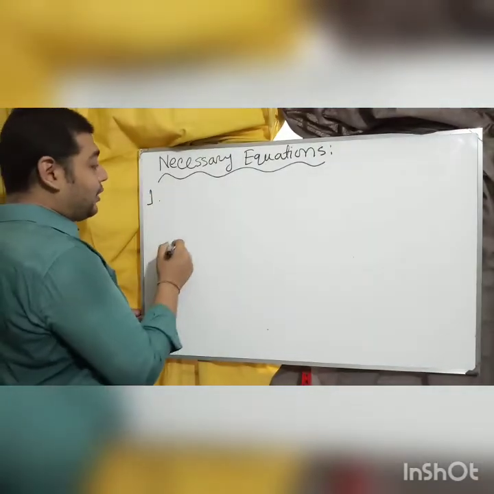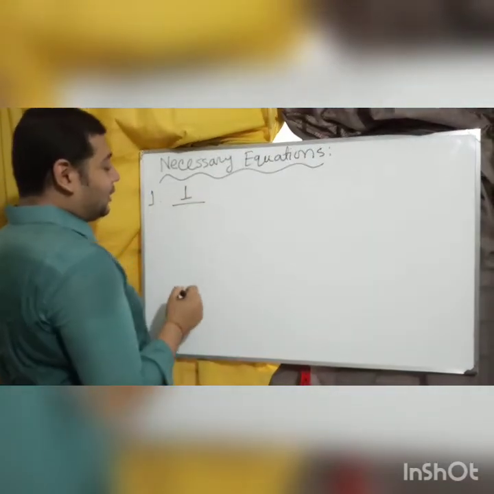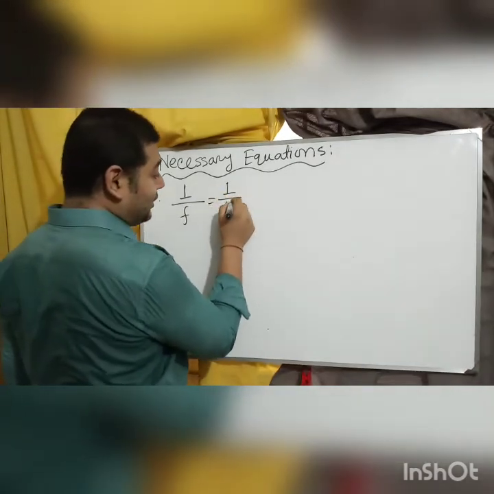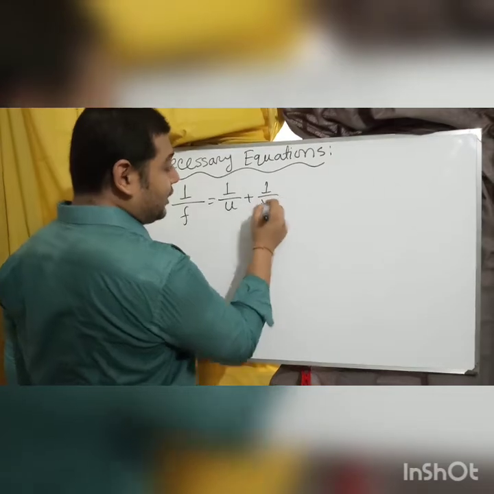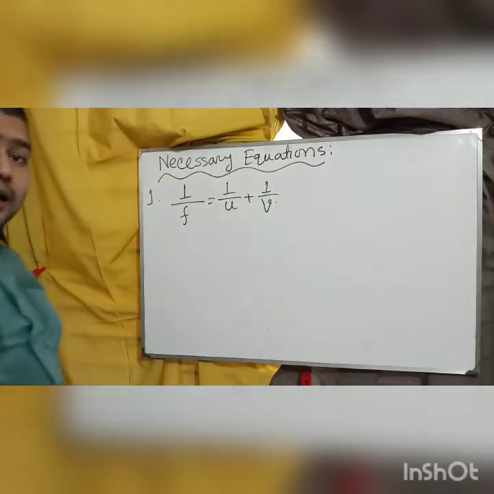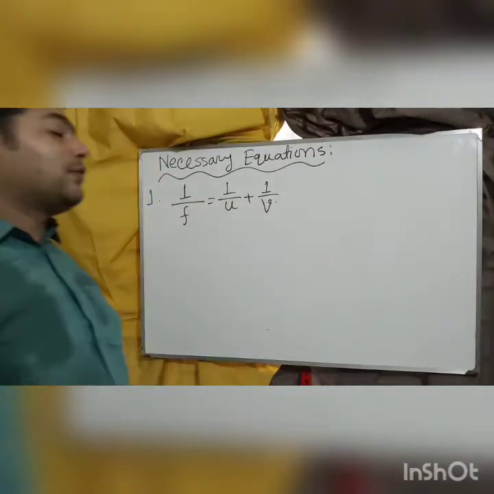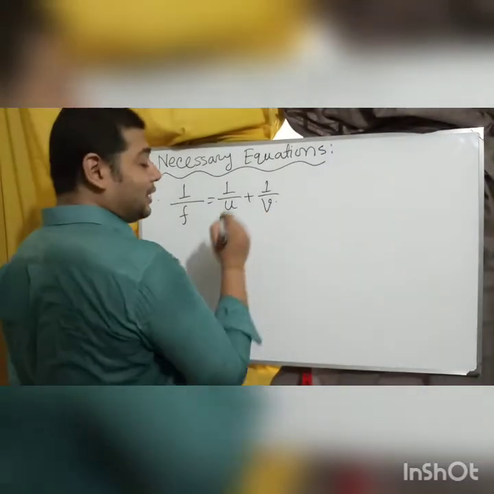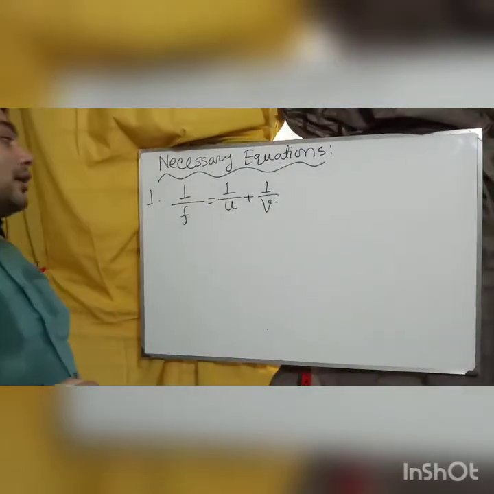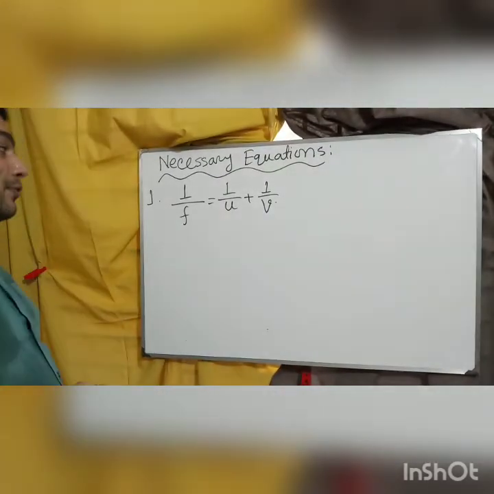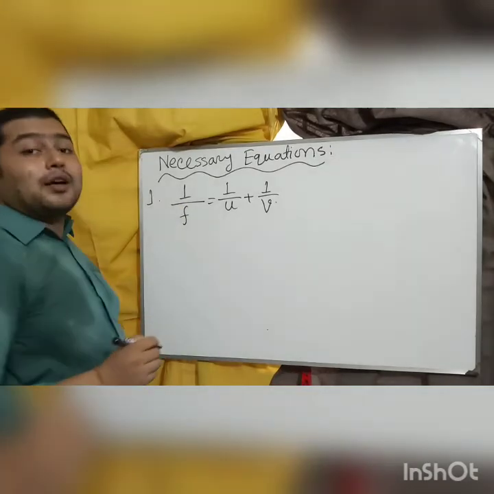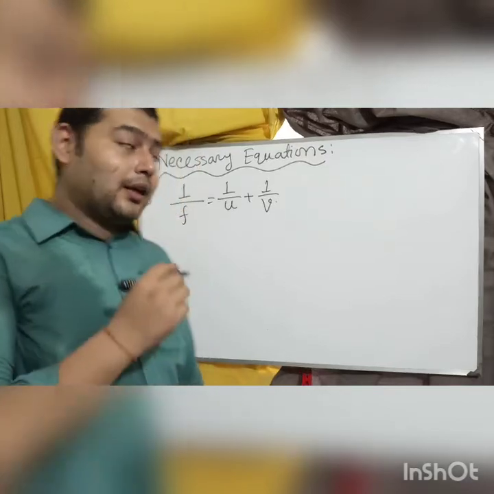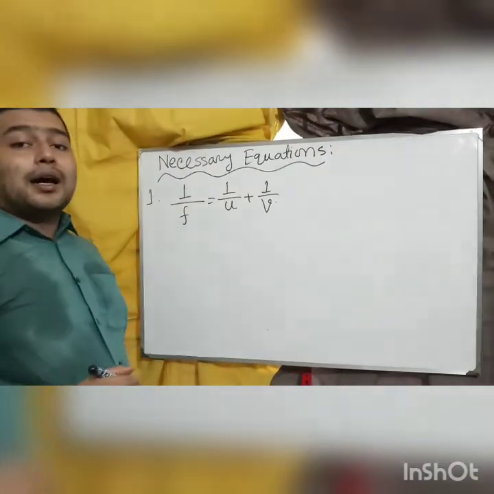Number one is the famous focal length formula of the concave mirror, 1 by f equals 1 by u plus 1 by v. Here u is the distance of the object from the pole, v is the distance of the image from the pole, and f is the focal length, and all of these units are in meters.